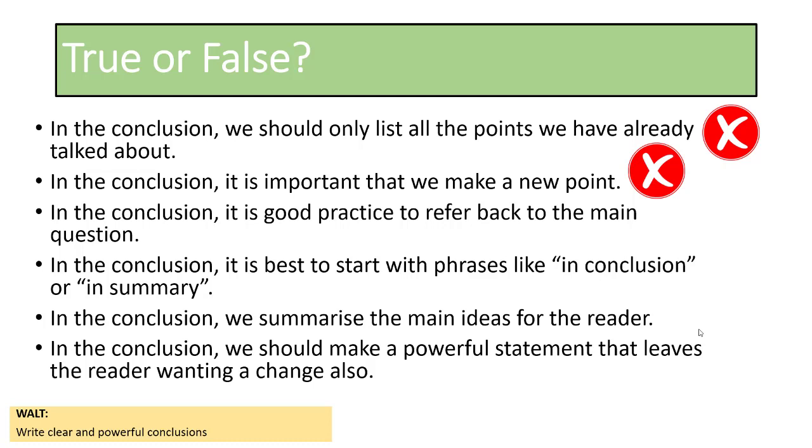In the conclusion, it is good practice to refer back to the main question. So think about what you've done for literature over the last year or so, and think about that reference back to the question. Do you think that's what you need to do in the conclusion? Yes. Okay, so it's really good practice to actually reference the question in that first sentence.